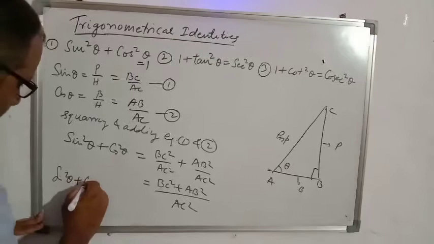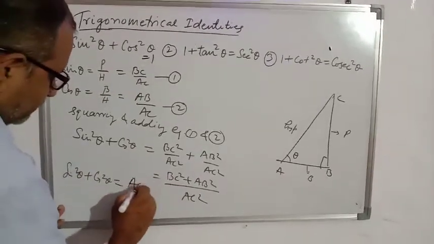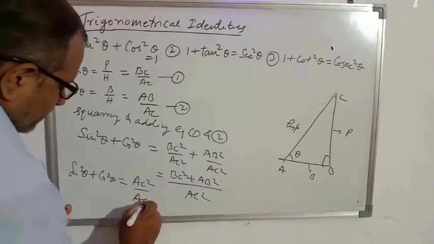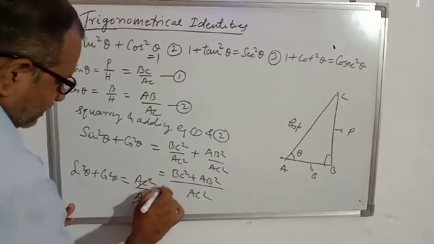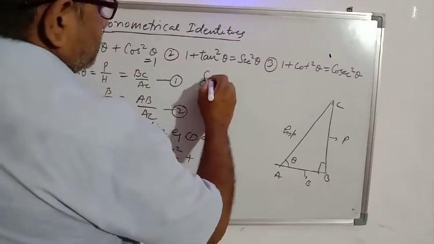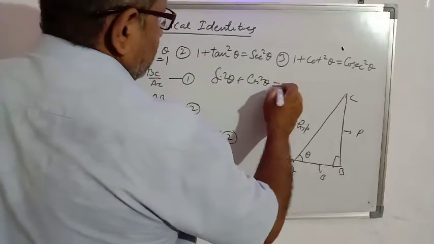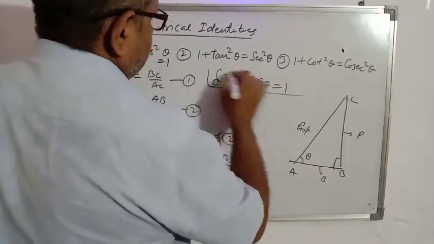So AC square upon AC square cancels, and it will come 1. So sin square theta plus cos square theta is equal to 1.